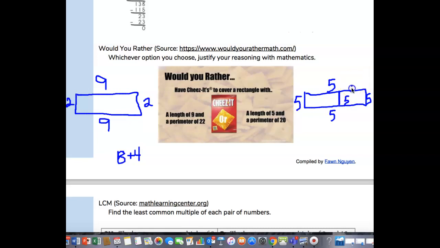And take this part out. This is more of a square because the length is 5, and for the perimeter to be 20, this side we already know is 5 because it's the opposite side. Well, that's 10. 20 take away 10 is 10, so this has to be 5 and this has to be 5. Okay? All right, so which would you rather have covered in Cheetos?